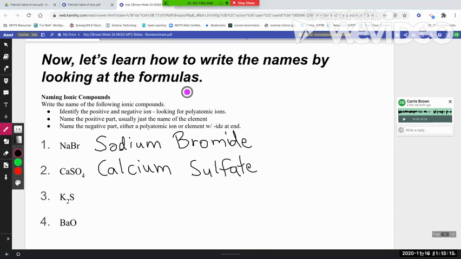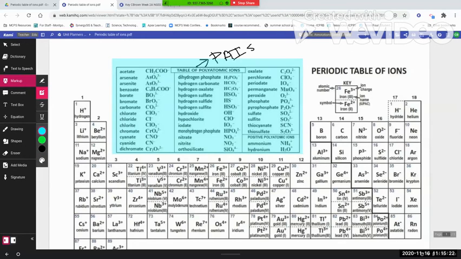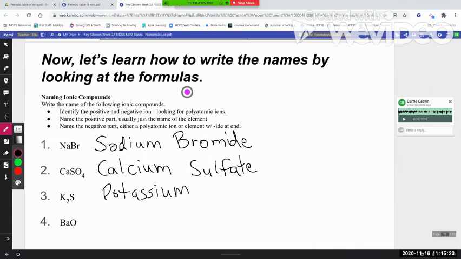So K would be potassium. So over here, K is atomic number 19. That means sulfide is on the right-hand side. It's a single element. It's atomic number 16. So S is sulfide.